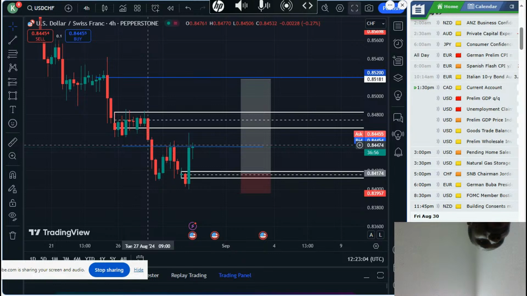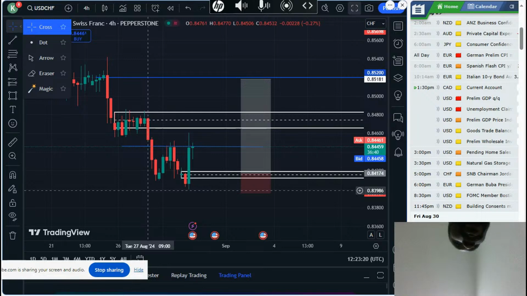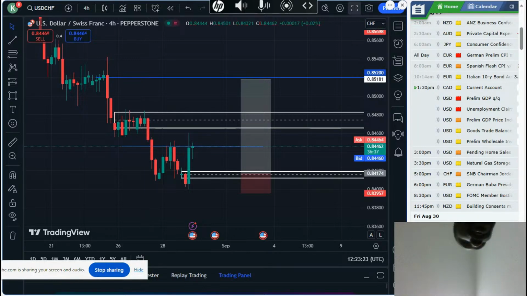Take profit one at 0.84474, and take profit two at 0.83986. I'm looking at the market on USD Swiss franc to get to resistance and definitely look for support before it can actually go the opposite way.